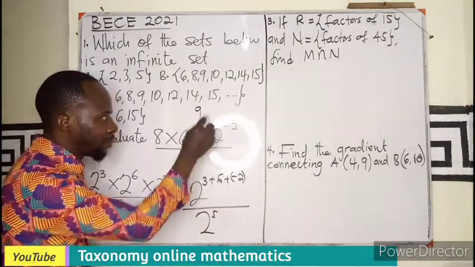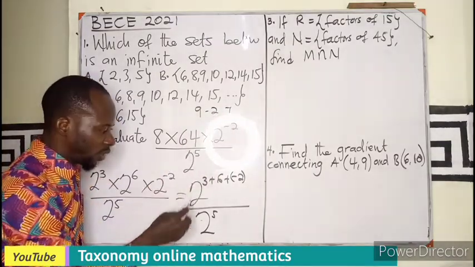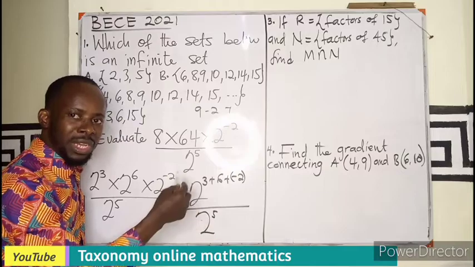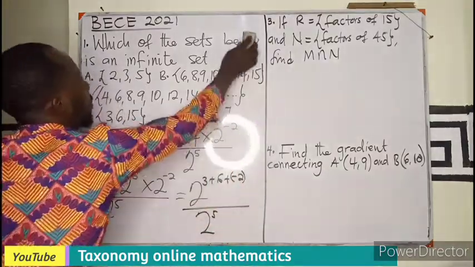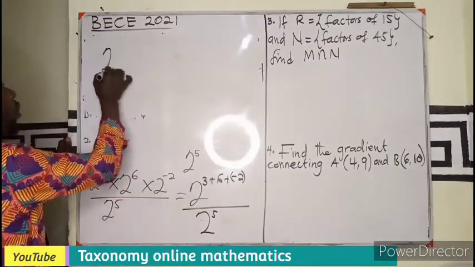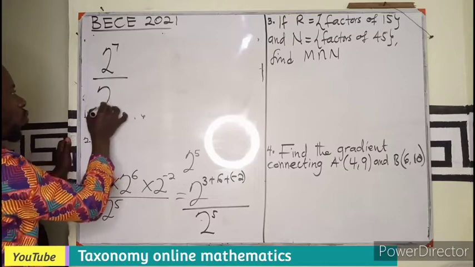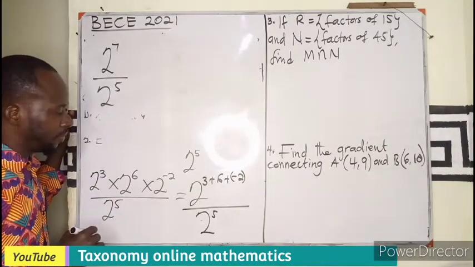Then 9 minus 2 will give us 7. So it means the whole of this is going to be 2 exponent 7. So I will rewrite this to become 2 exponent 7 over 2 exponent 5. I'm sure you are following the steps.